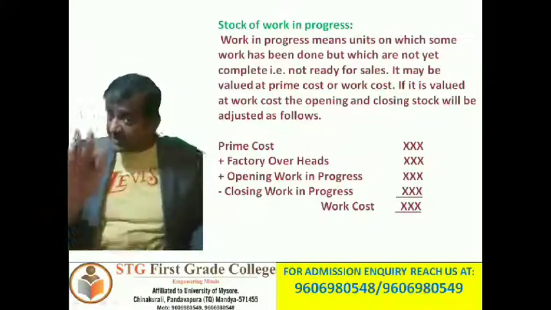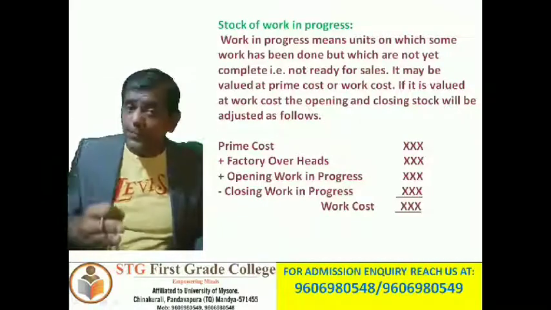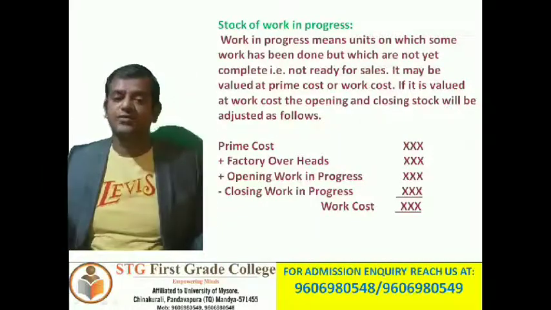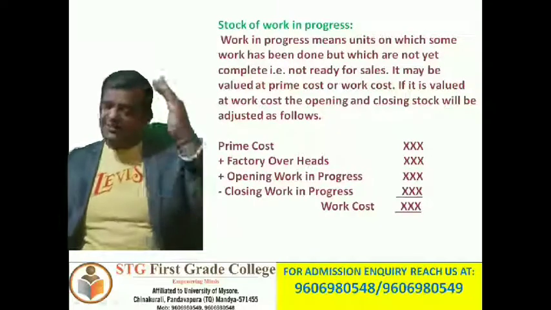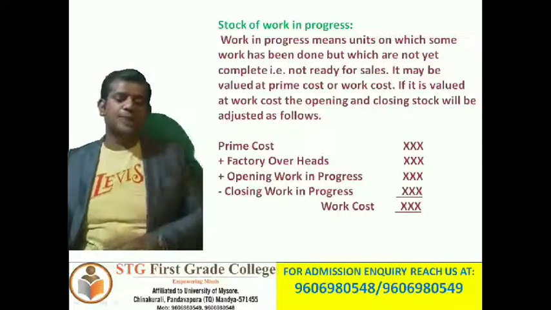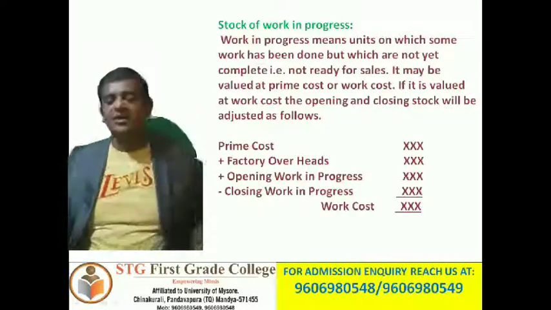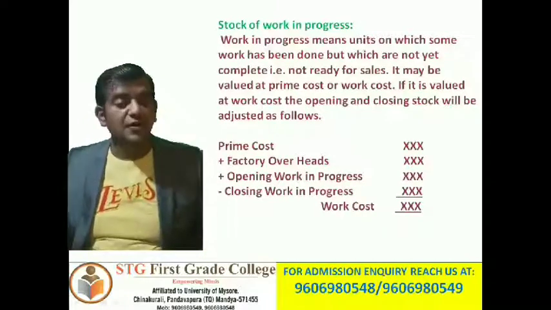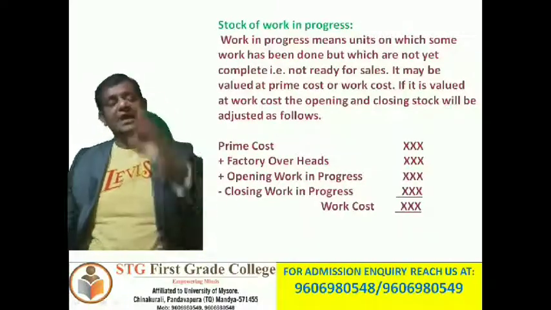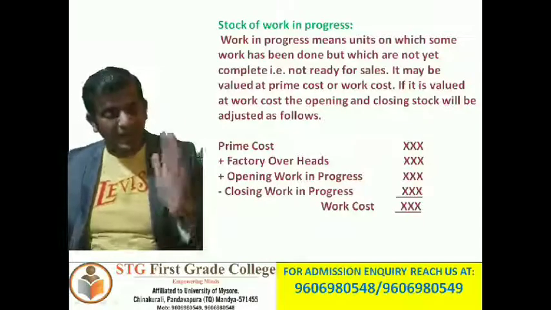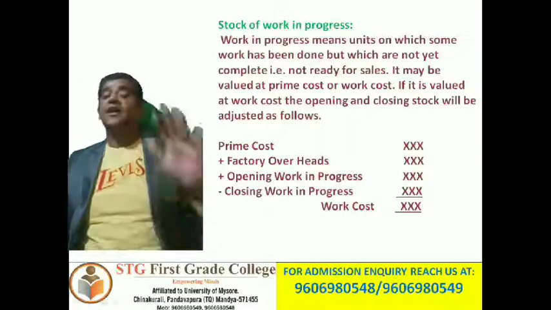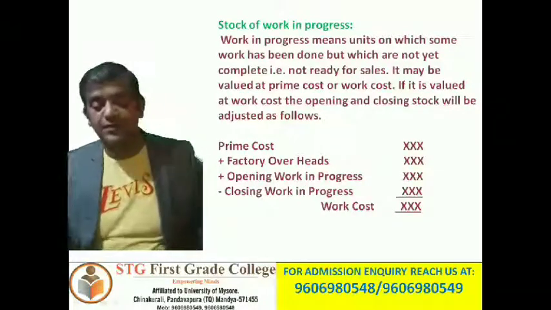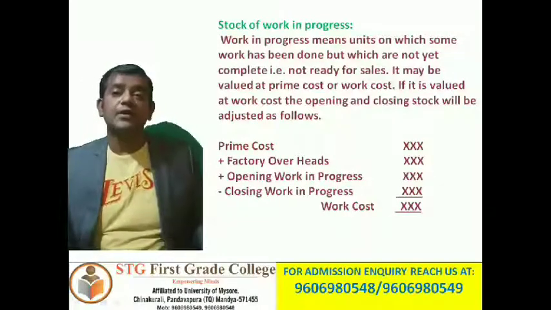Clear? So that is why work in progress should be added to factory overheads. Okay, so factory overheads add opening work in progress less closing work in progress, so we are going to get work cost. As simple as this. Add factory overheads, to that add opening work in progress and deduct closing work in progress, so you are going to get the work cost.